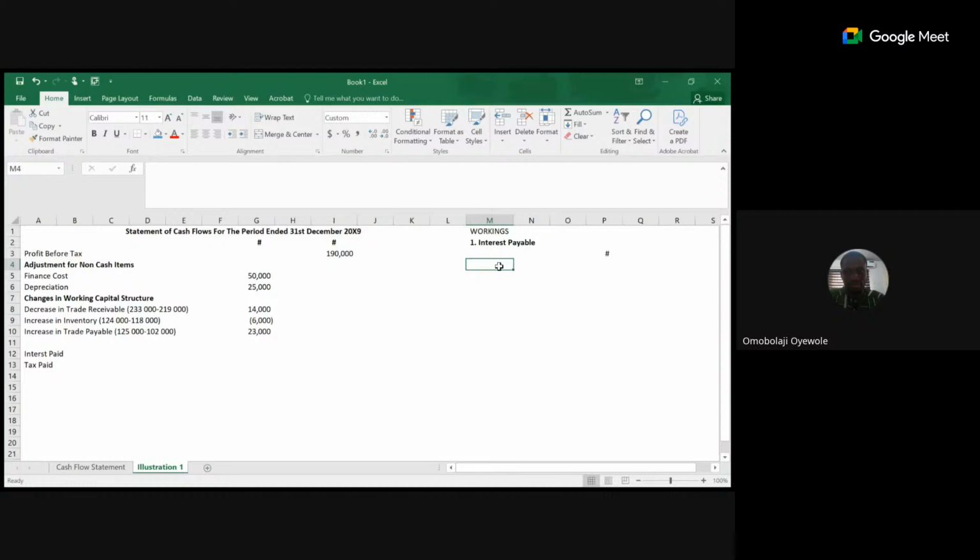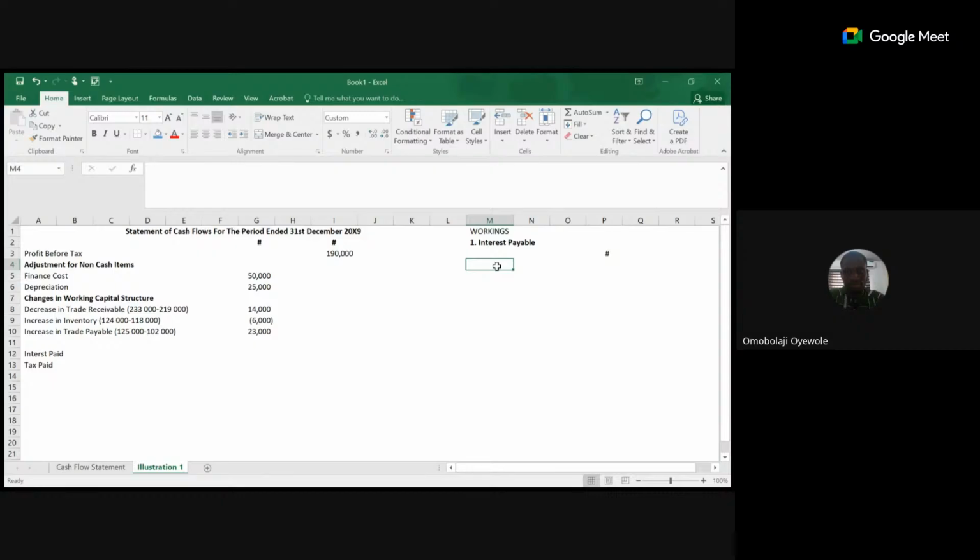Now, let me quickly chip in something. Remember that I said that your finance cost is made up of your interest expenses. So anytime you are given finance cost in your profit or loss statement, you have to check your information very well to make sure that there is no further information talking about accrued interest.